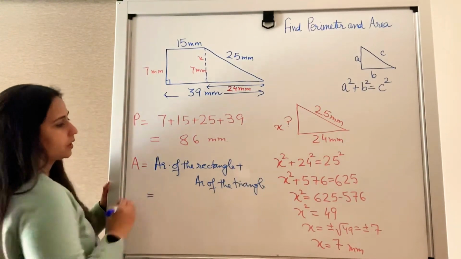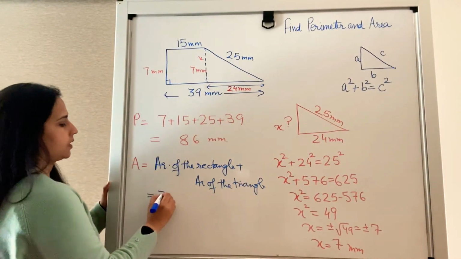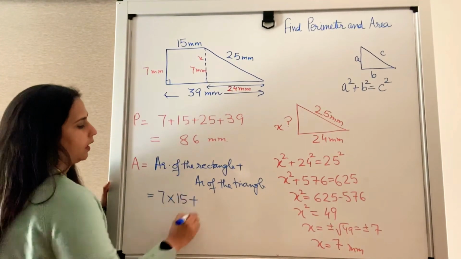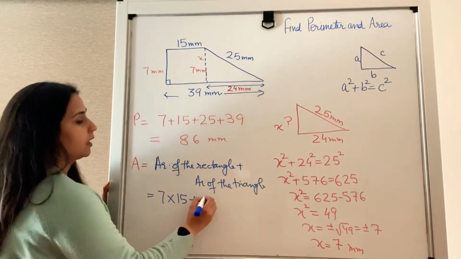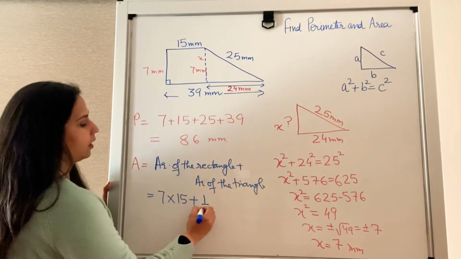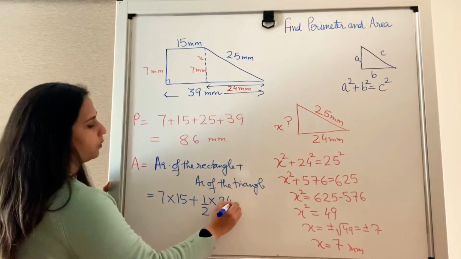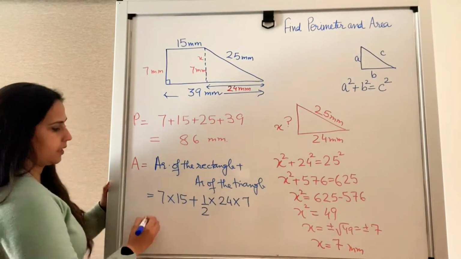The area of the rectangle is length times width, so in this case it's 7 times 15. And the area of the triangle is half base times height. So this is half, the base is 24 times the height, which is 7, right?